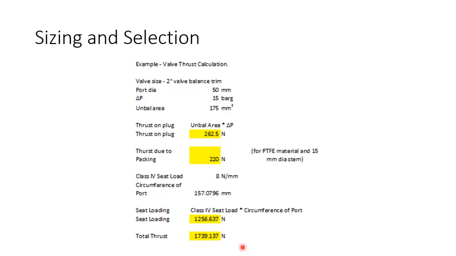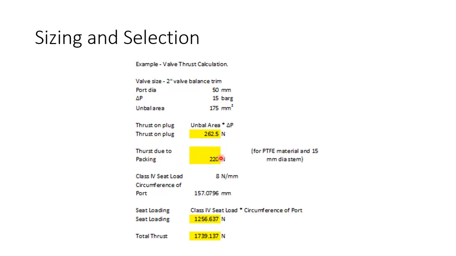The port diameter is 50 mm, 2-inch, delta P let's assume as 15 bar, and the unbalanced area is 175 mm. This data, the port diameter and the unbalanced area, will probably come from the design engineer. So you simply multiply these two and you get 262, that is the thrust on the plug.